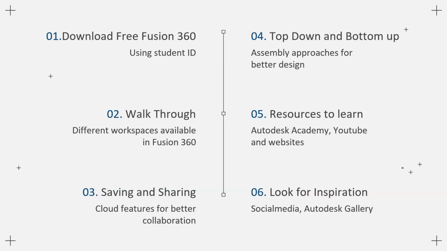So all the files in Fusion 360, we can store them in Autodesk Server. Next, we are also going to see the difference between top-down and bottom-up assemblies, which many times you might have heard of these terms, but let us see what they are and how they are going to help us in better assembling the products. Finally, we'll be seeing the different resources from where you can learn about the Autodesk Academy and other things.